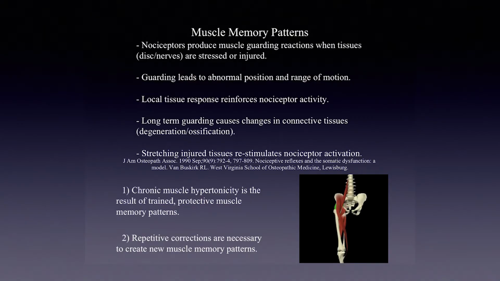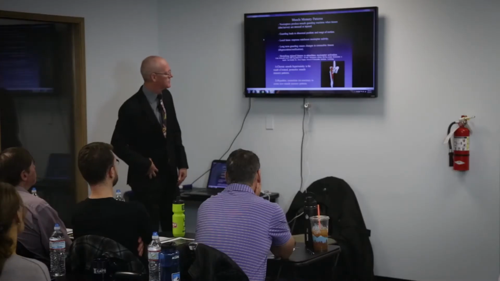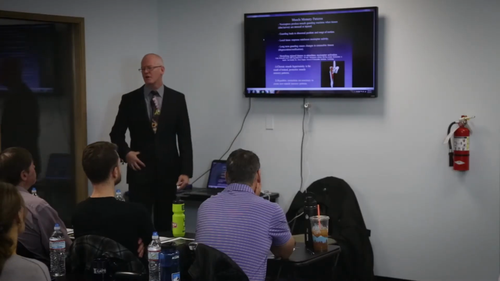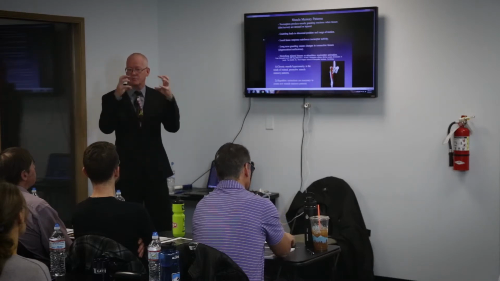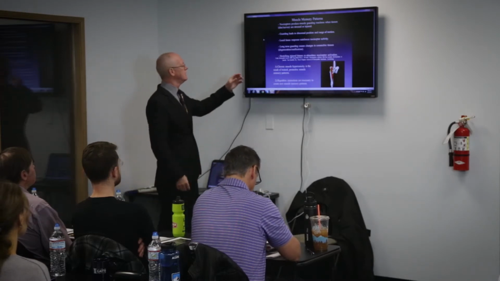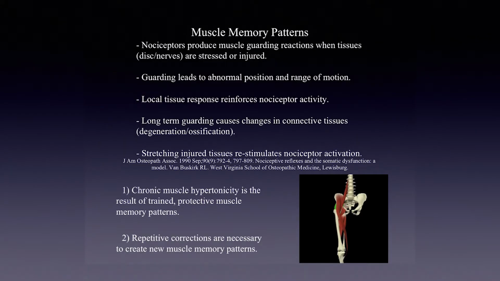I also want to talk a little bit about muscle memory patterns, because again, if this person's coming in, they've had an injury, and they've got a disc herniation, and they've got this antalgic posture, and they've got this hip dysfunction going on, their muscles are all going to be in a guarded protective state. The brain is telling them splint, guard, and so what's happening is you're getting nociceptors, or your pain receptors, producing that guarding reaction.